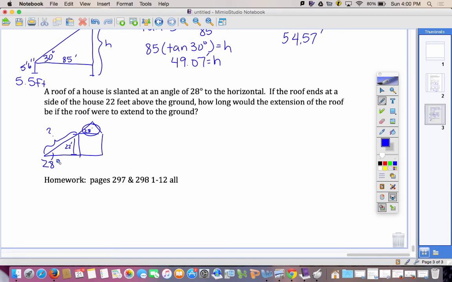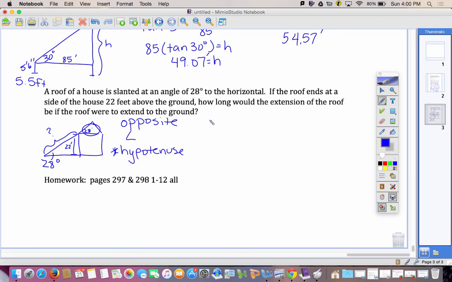So if that's 28 degrees and you're given the opposite side of that angle is 22 feet, we are looking for the hypotenuse here. If we know the opposite side and we have an angle and we're looking for the hypotenuse, we should use the sine function.